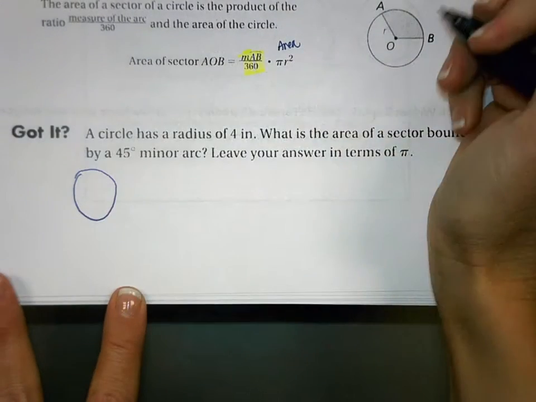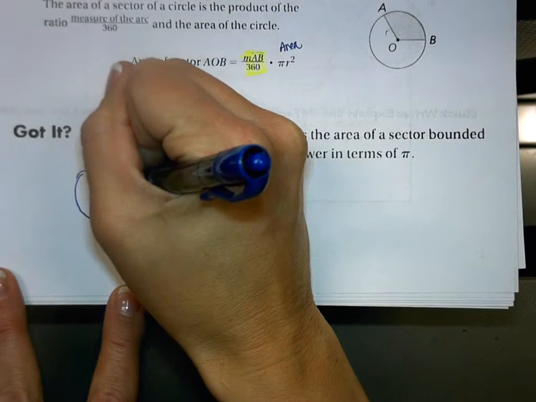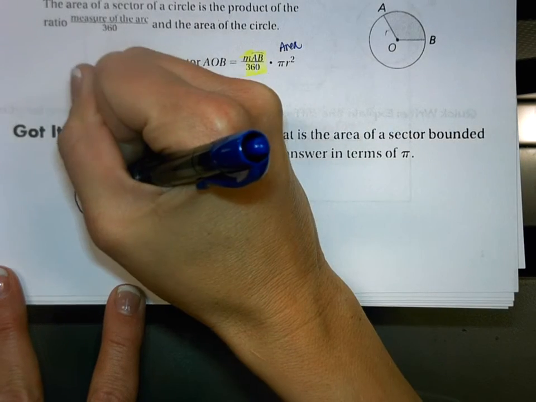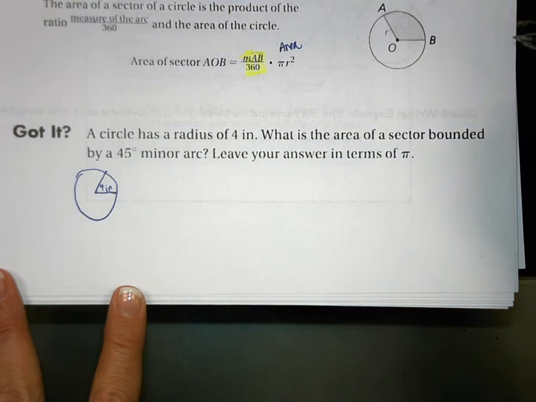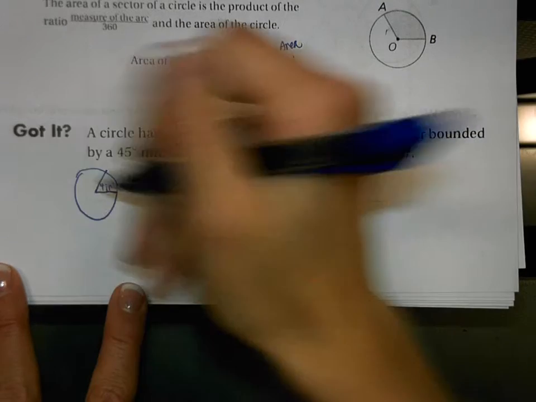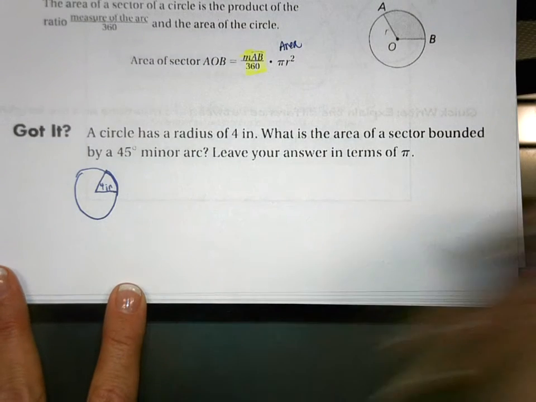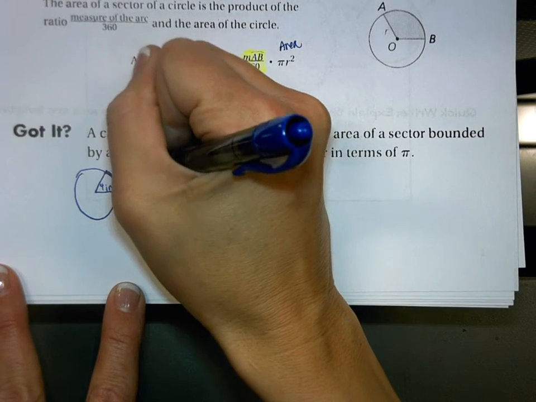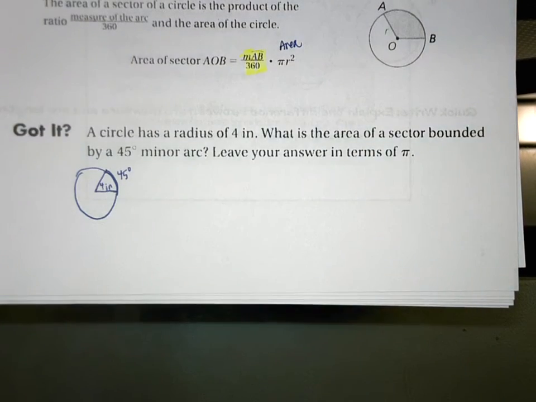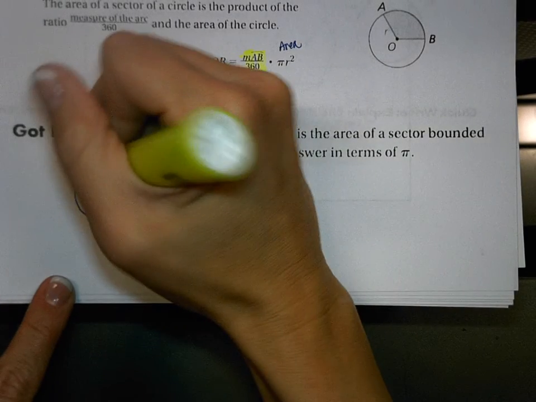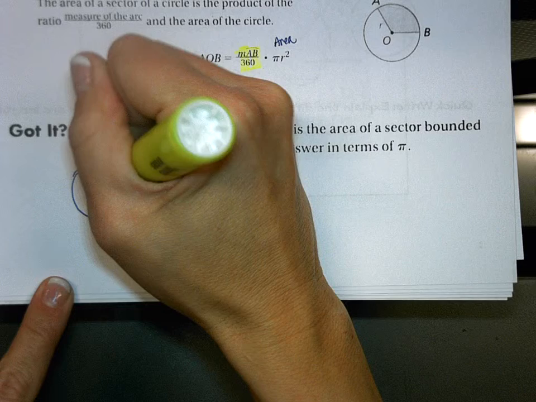They've told you that the radius is 4 inches, and they're wanting to find the area of this piece, and they're telling you that that arc is 45 degrees. So what we're finding is, what is the area of this piece of the circle?